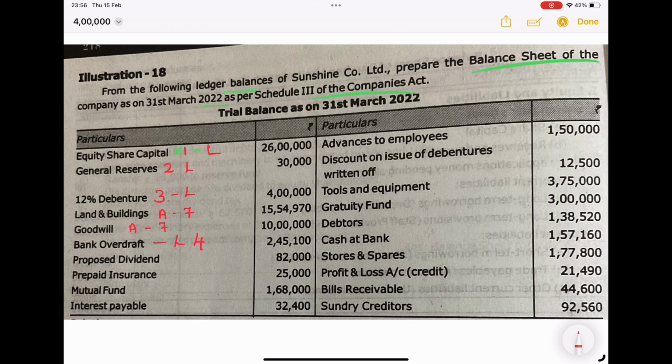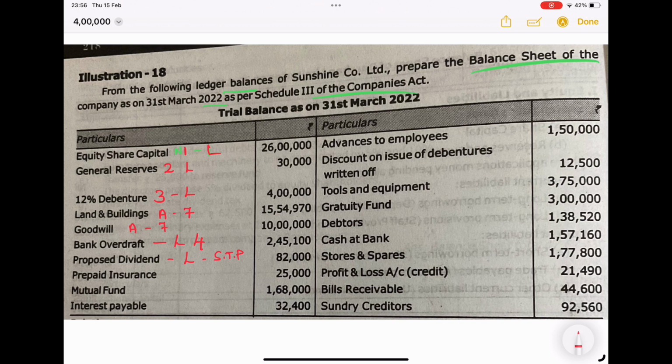Within a month they are going to pay. So this is a very short term profit kept aside for a particular purpose, that is paying dividend, isn't it? So this is a short term provision, and we are going to write it under liabilities, short term provisions.